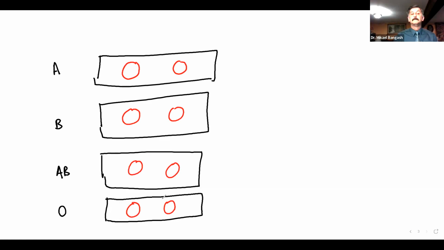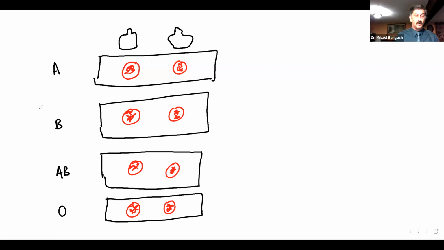Clear? Did that make sense? So they took a slide and placed a drop of blood on it. Now, on one drop of blood they add a solution, and on the other drop they add another solution.